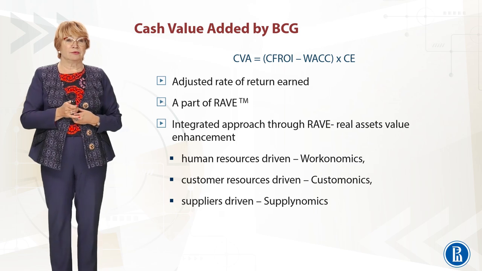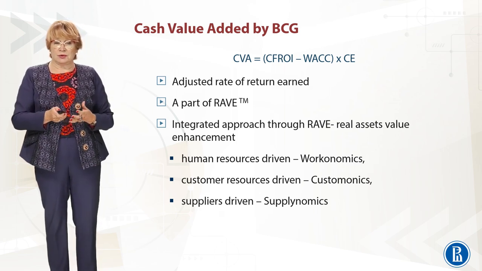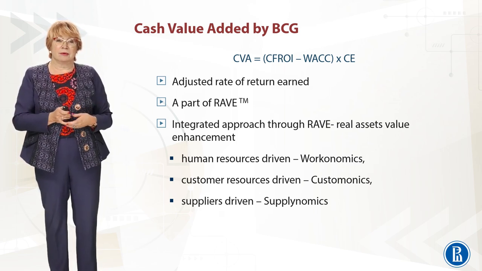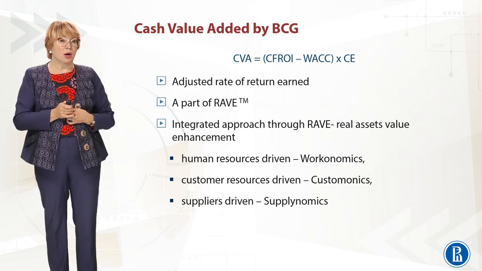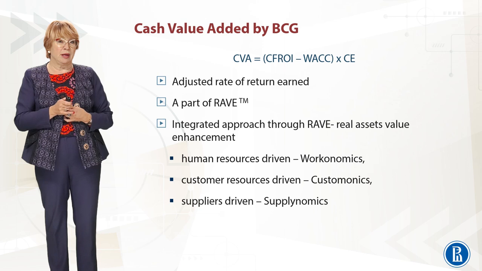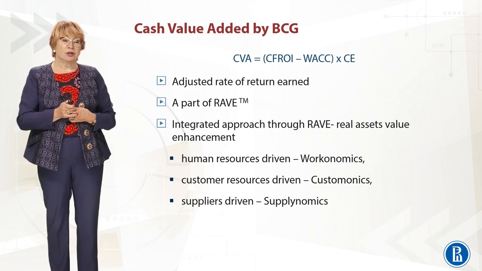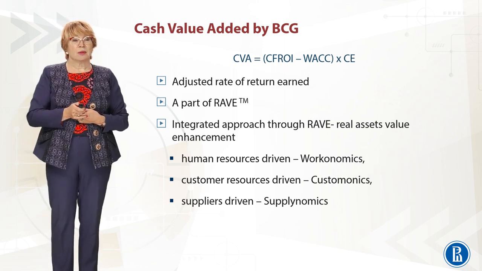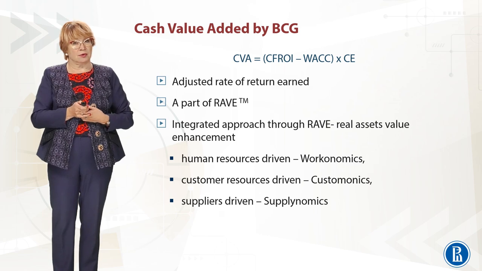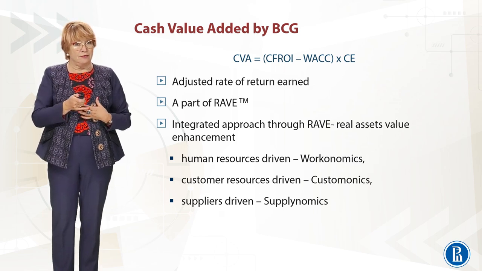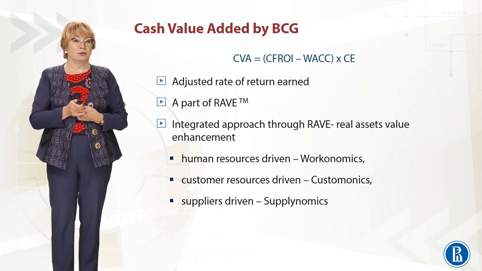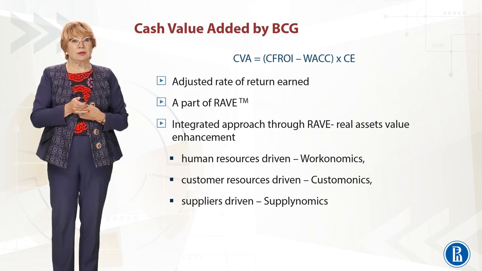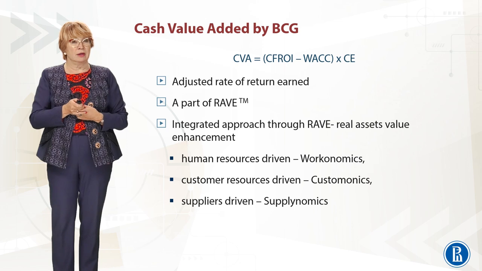As you see from that formula, because this is a type of economic profit, it's also based on spread analysis. But now we are applying the spread comparing cash flow return on investment to the weighted average cost of capital. You saw in the first part of that topic that CFROI, or cash flow return on investment, is an approach that has already been suggested by HOLT Value Associates.